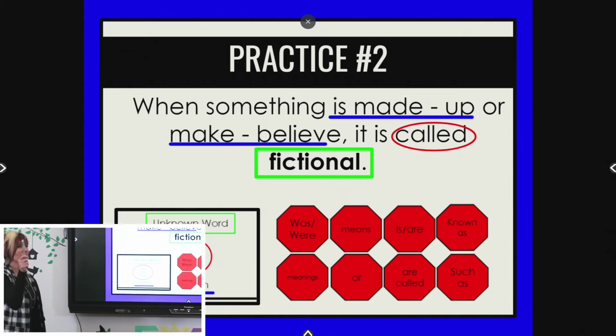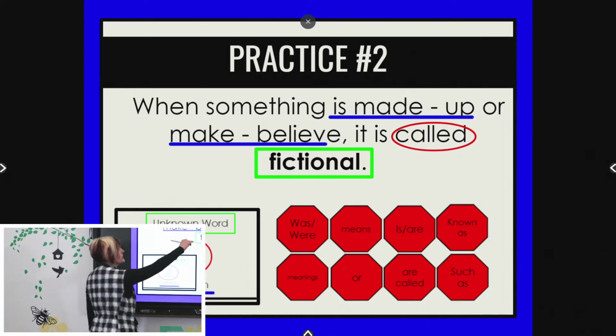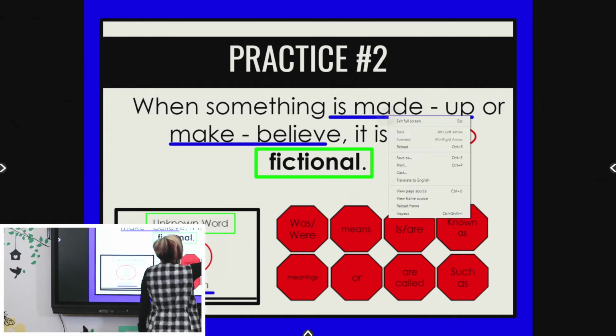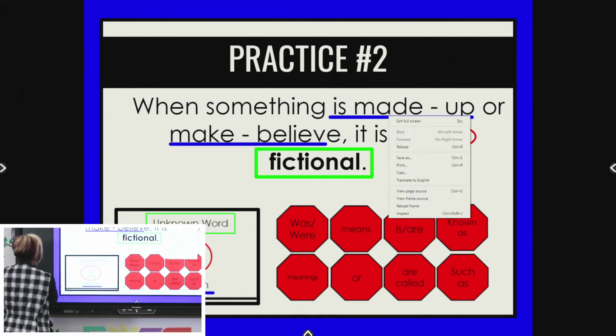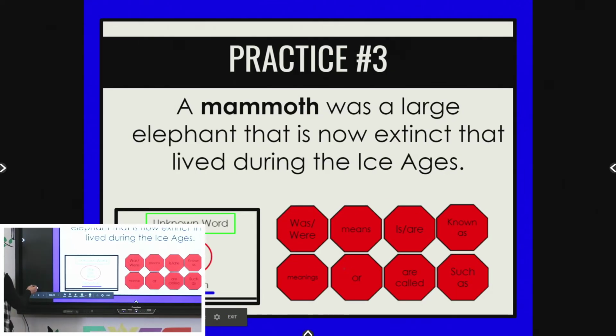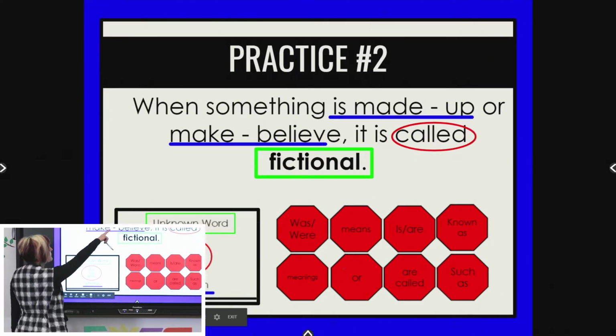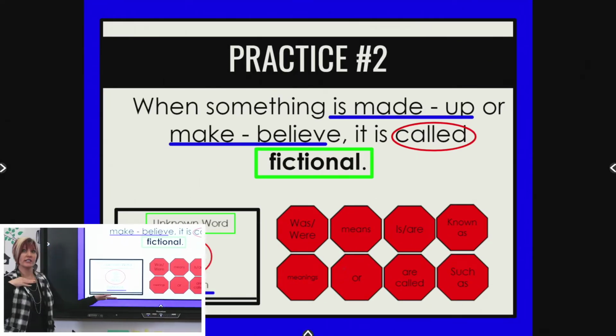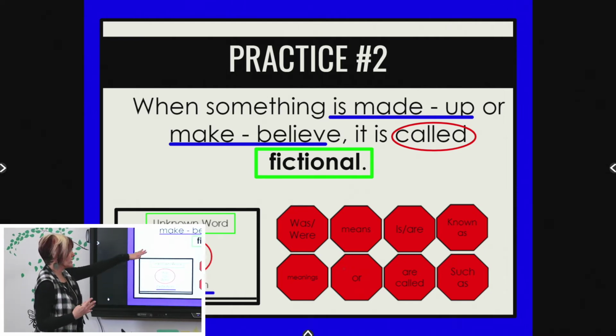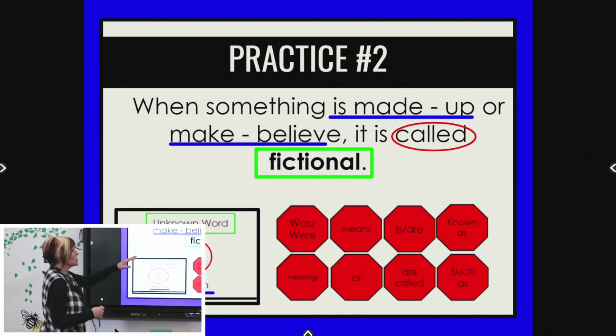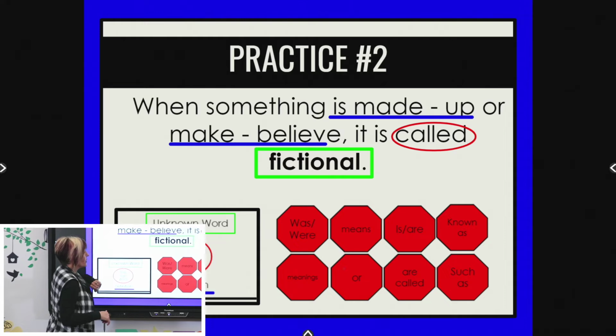We don't use that one on there because it is actually saying when something is made up or make-believe. Sorry about that. So they're saying one or the other. What is it called? Fictional. So the word up here is called.